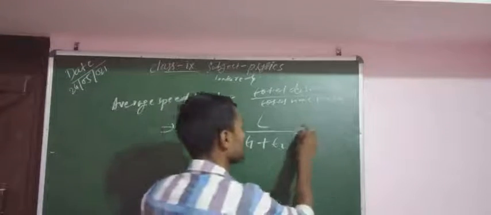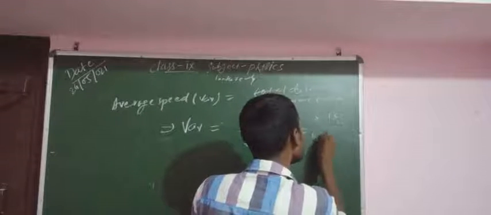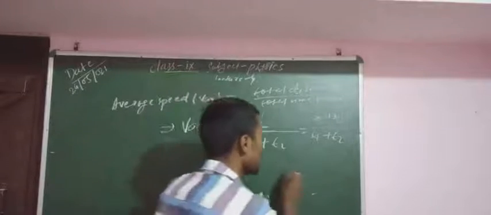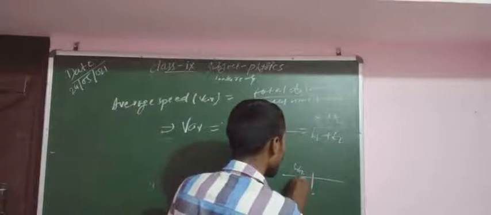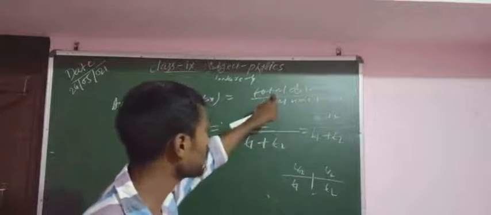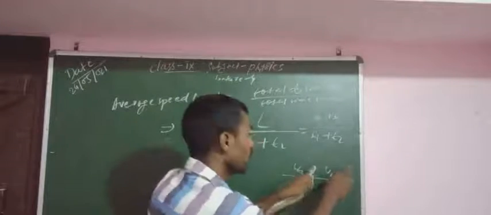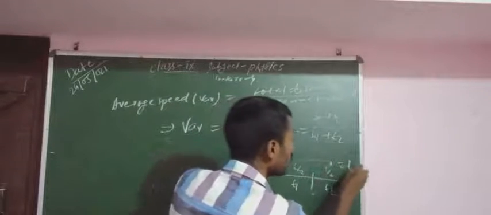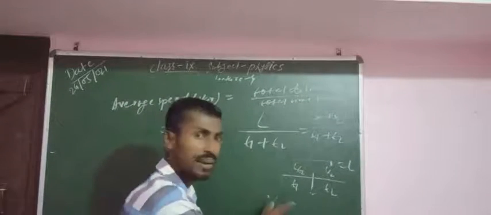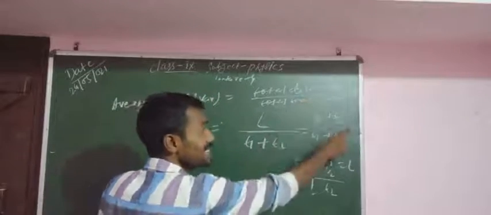From the figure, I can write this L by 2 and T1, L by 2 and T2. So as per the mathematical formula, total distance L can be written as L by 2 plus L by 2 and time can be written as t1 plus t2. This mathematical formula changes like that.